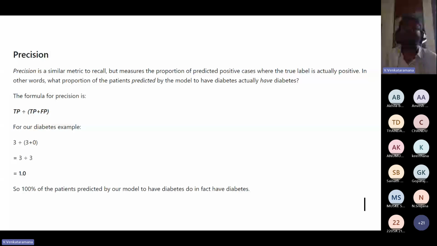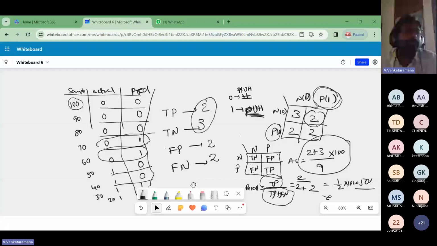So recall is calculated as TP divided by TP plus FN, whereas precision is represented as TP divided by TP plus FP. You have to remember these formulas. Now in our case, can anyone tell what the precision value is? It is how many are actually true positive out of how many positives your model is predicting as positive.